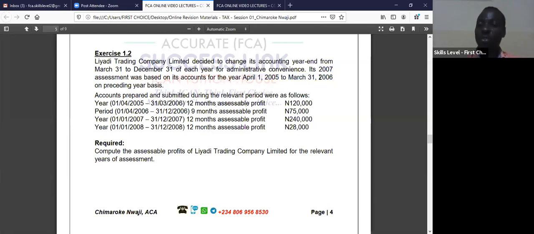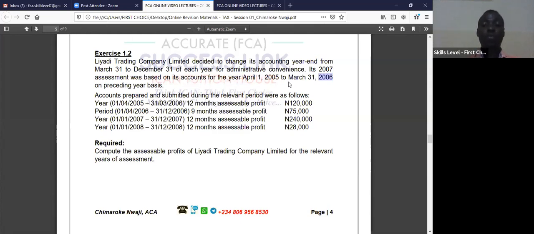The account ends in 2006, and it's exactly 12 months, preceding year basis. Now, they have told you that 2007 was based on preceding year basis. It is likely that the next period they want to change to the December 31st period that they gave you.